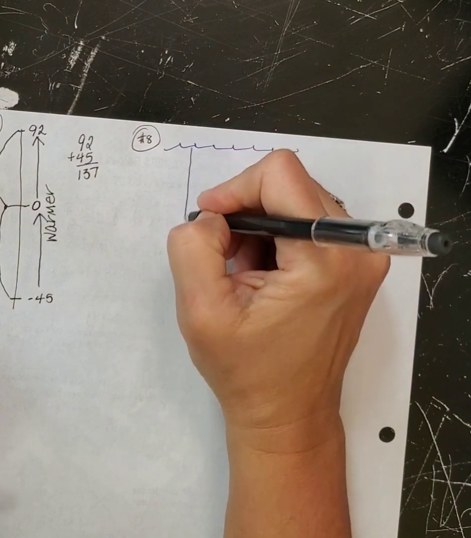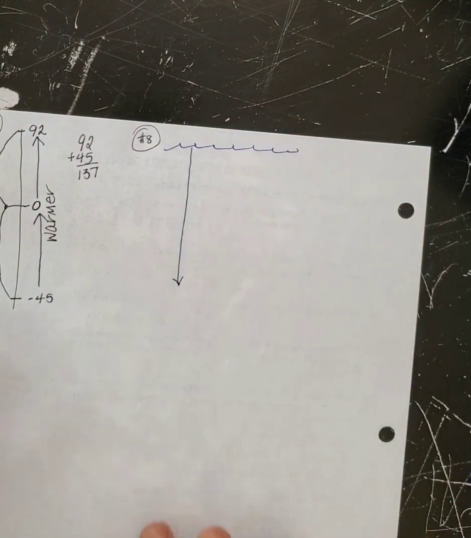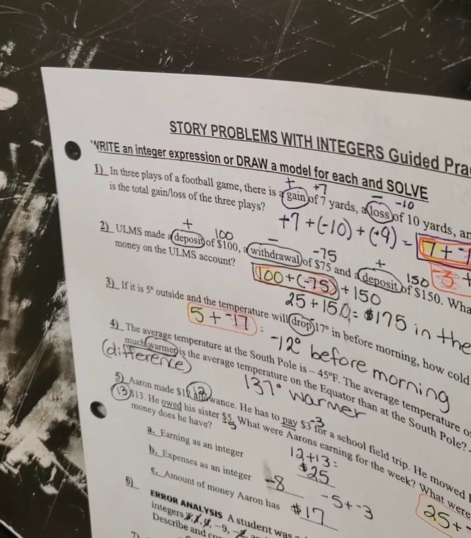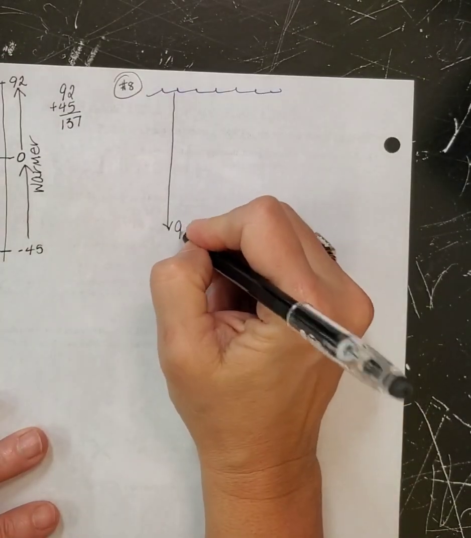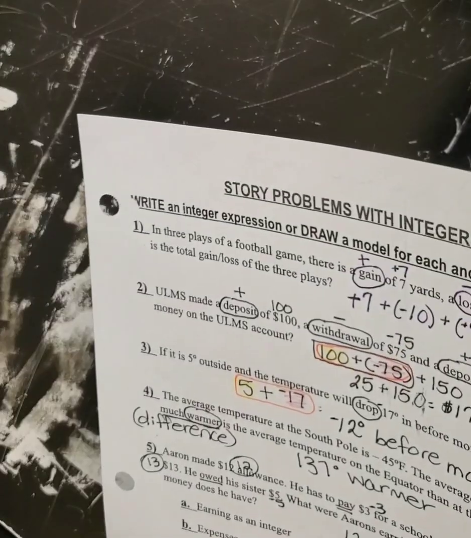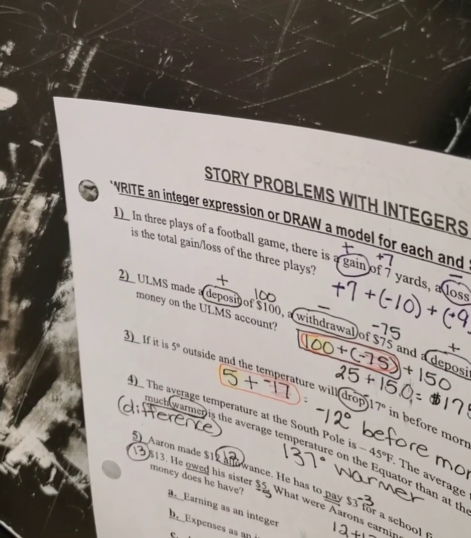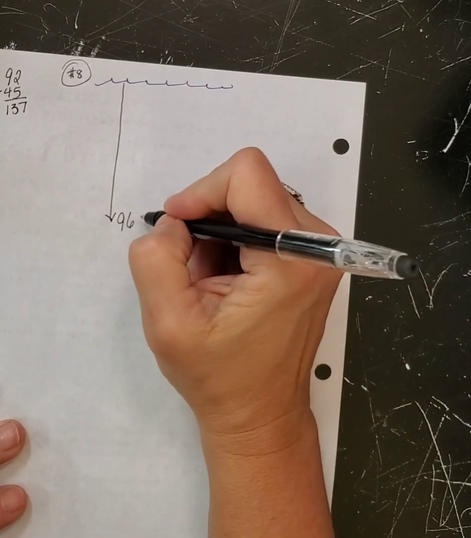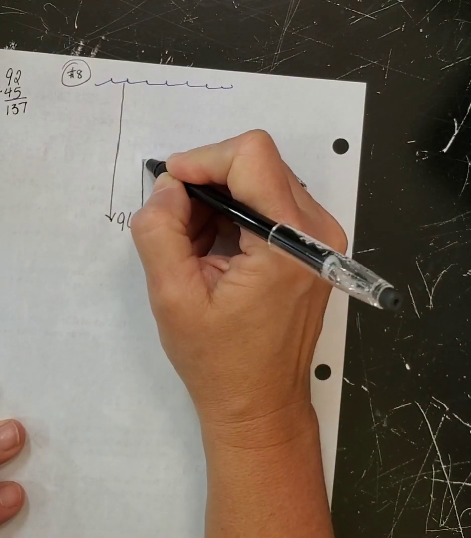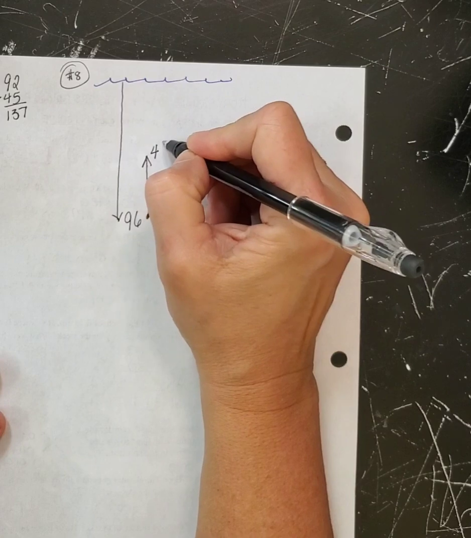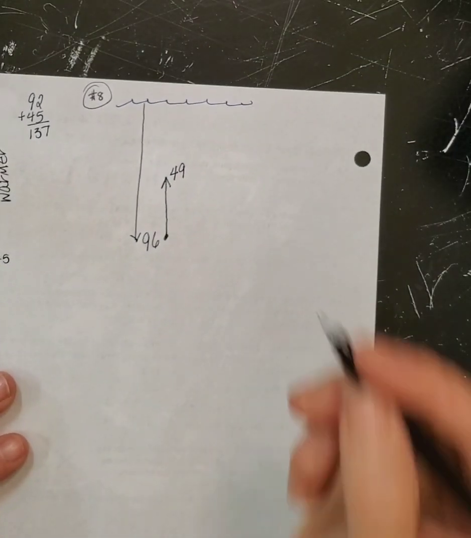He's going to go down 96 feet. And then, from here, he's going to come back up 49 feet. So what do we have here?